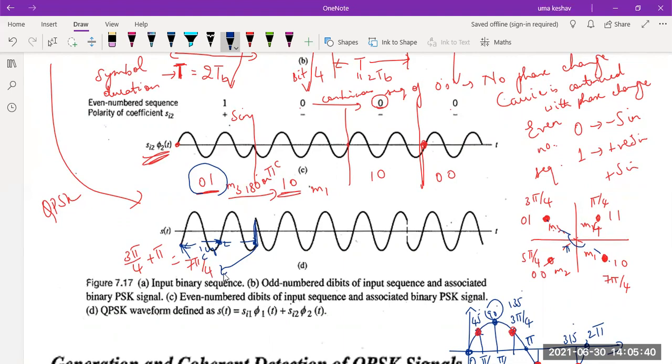From 7 pi by 4, if I change by pi radians, moving in the anti-clockwise direction I will usually subtract, and moving in the clockwise direction we will add. So when I move in this direction and subtract pi from 7 pi by 4, I get 3 pi by 4. Therefore, the next dibit pair we are going to represent with a waveform which starts and ends at 3 pi by 4 radians.